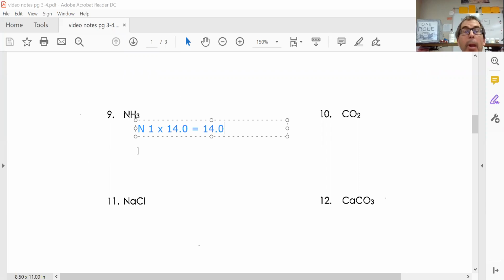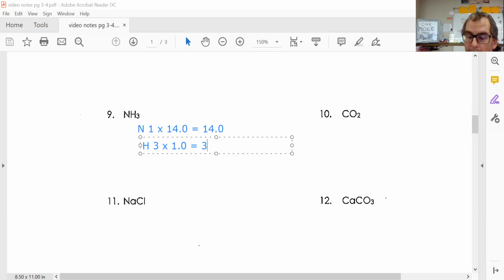14.0. And then I'm going to try to do hydrogens, but notice for hydrogen, I have 3 of them. So I'm going to say hydrogen, 3 times 1.0 is going to equal, and what's the 1.0? That's the grams per mole of hydrogen.